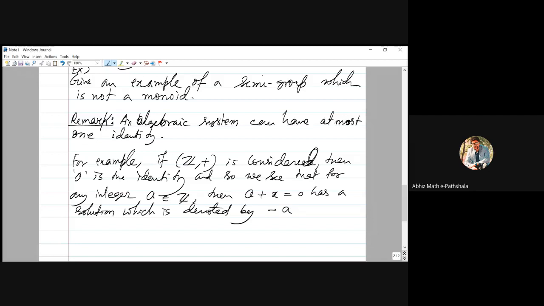That is, if you consider 2, then for this 2 you will have minus 2, because 2 plus minus 2 will be 0. So this minus a will be called an inverse of this element a.